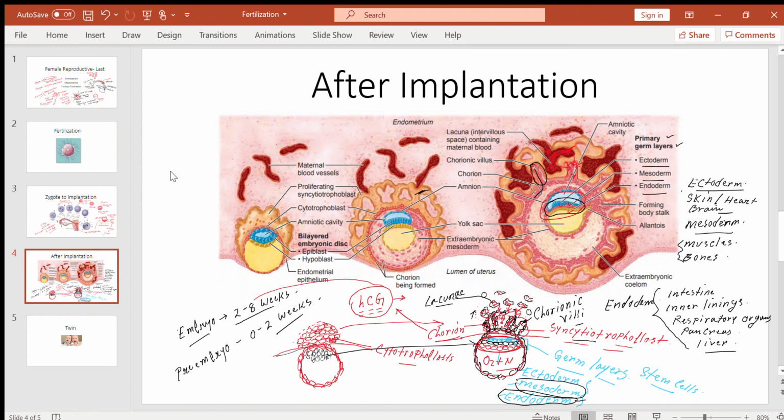So that is a good test for pregnancy. The presence of this hormone confirms that chorion has been formed. Chorionic villi have been formed and they are secreting that hormone. So this is a confirmatory test of pregnancy. Okay.